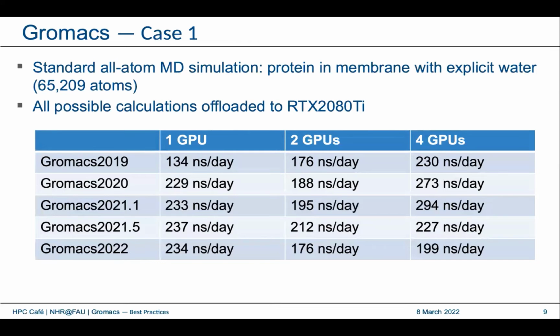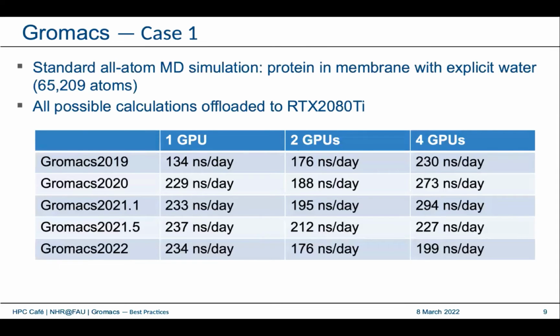the first line for Gromacs 2019, we get up to 96 more nanoseconds per day. This is about a performance increase of 72% compared to only 1 GPU. But if we look at the line with Gromacs 2021.1, we get for 1 GPU 233 nanoseconds per day, which is actually the same as with Gromacs 2019 on 4 GPUs.